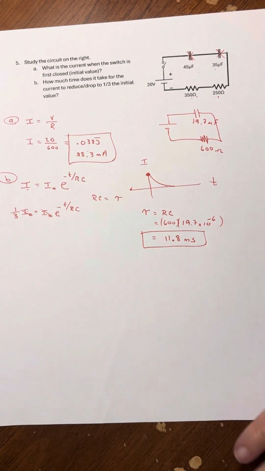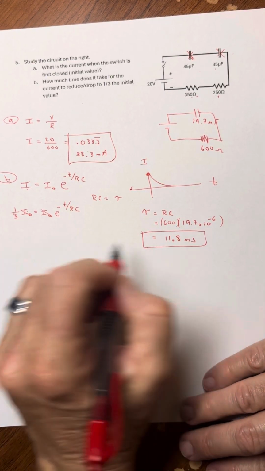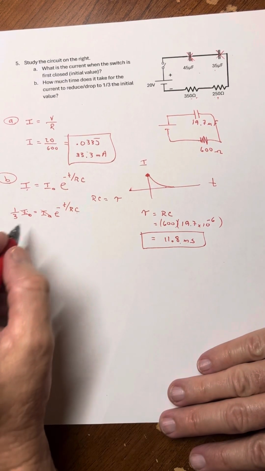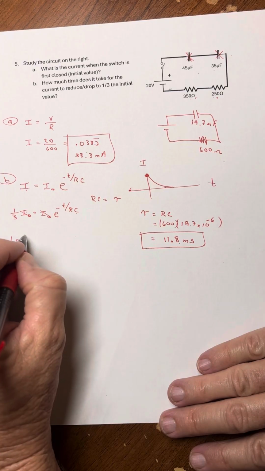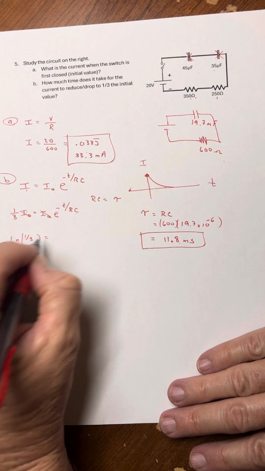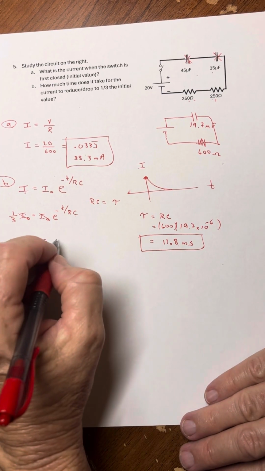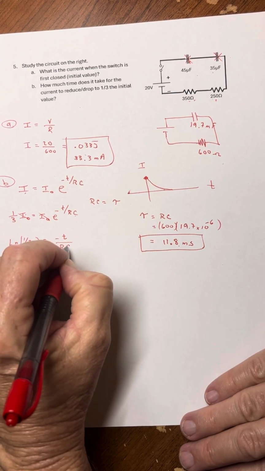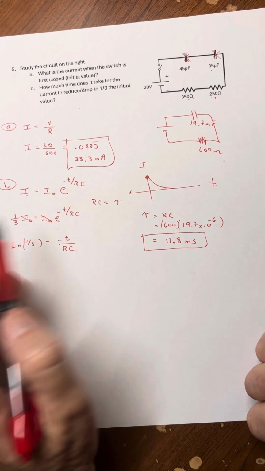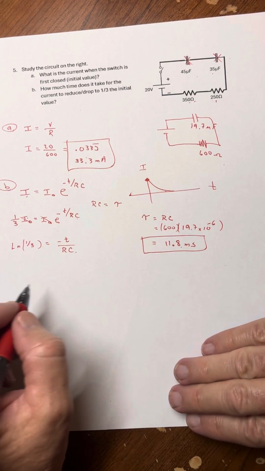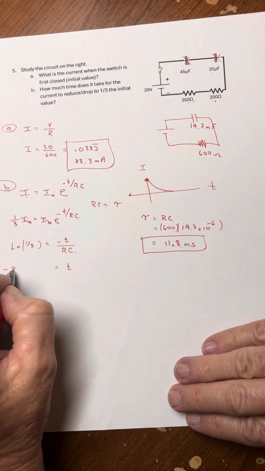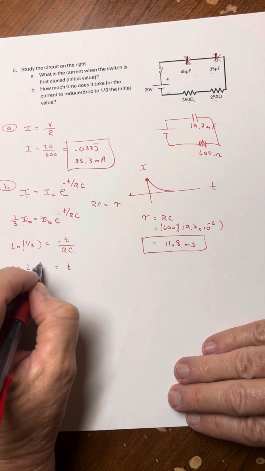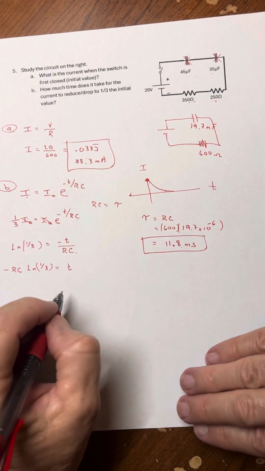So whether or not you got A right or not doesn't really matter for B. But what does matter is the right time constant here. And so we've got this 1/3 times this E. That's where natural logs come in handy. If I take the natural log of both sides, I get rid of the E here on the right-hand side. And so solving this for time, I get minus the RC time constant, natural log of 1/3.